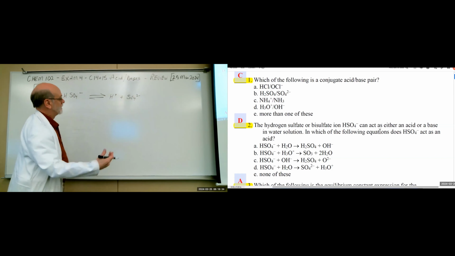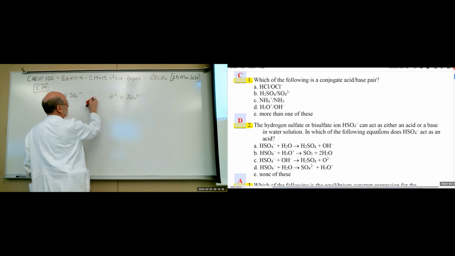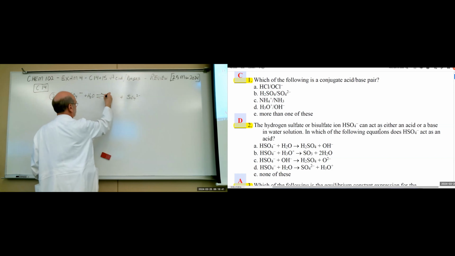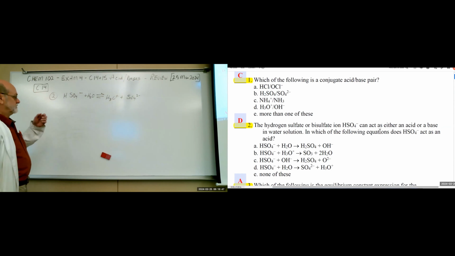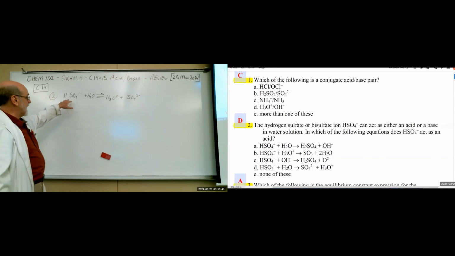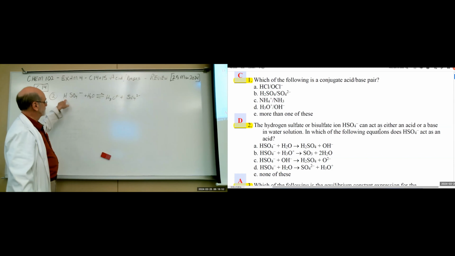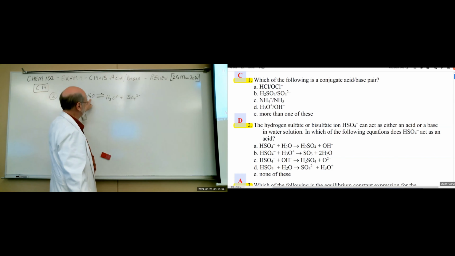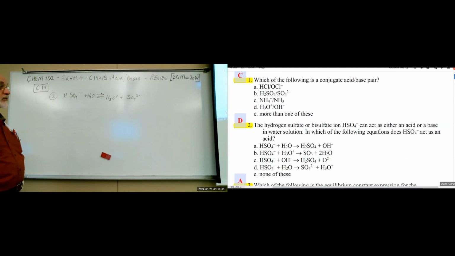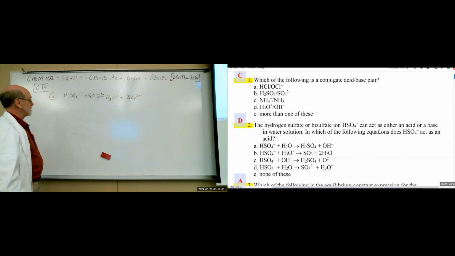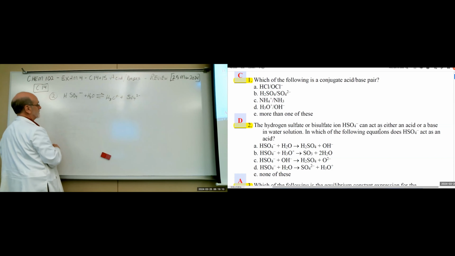Unless they reacted with water. Okay, that takes care of that. There you go, that's the true reaction. So which one of these matches that as an acid? If this loses a proton transferred to water, then you get the hydronium ion and the sulfate. So the only one that looks like it works there is D. Okay. I'm curious, if it acted like a base, what would it be?